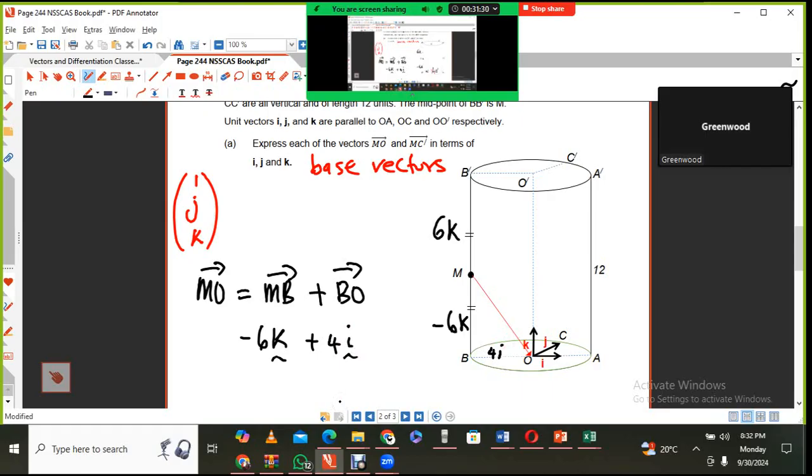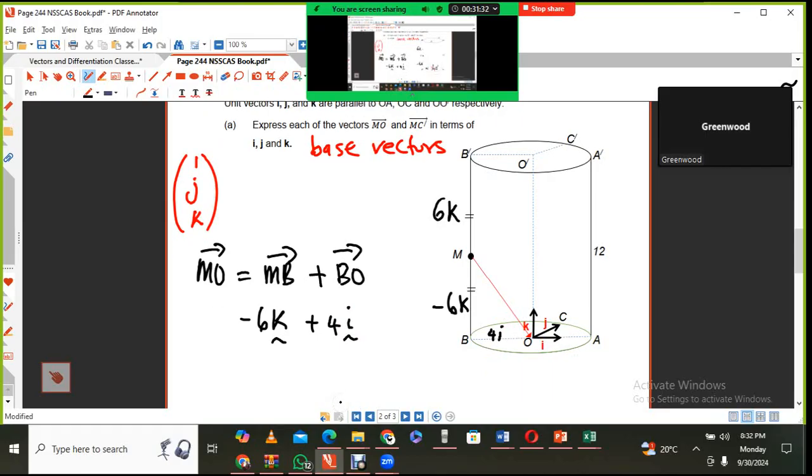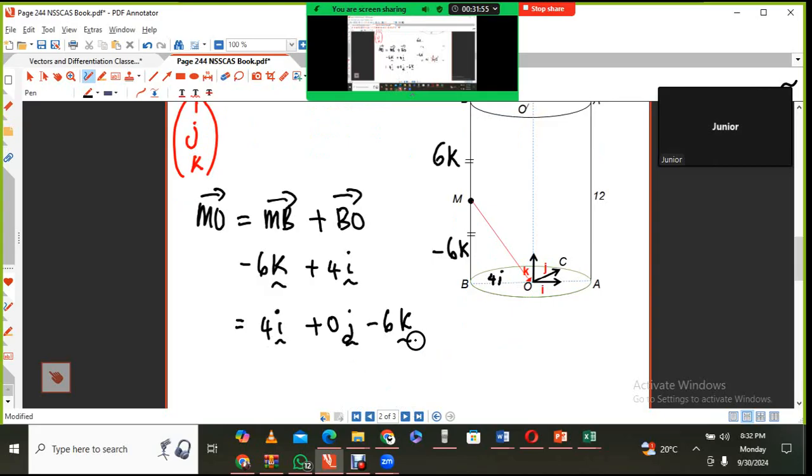Yes. You have to start with the first letter, which is I. So it will be 4i plus 0j minus 6k. That's how you must write it. You don't have to write the 0j there, but I'm writing it anyway.